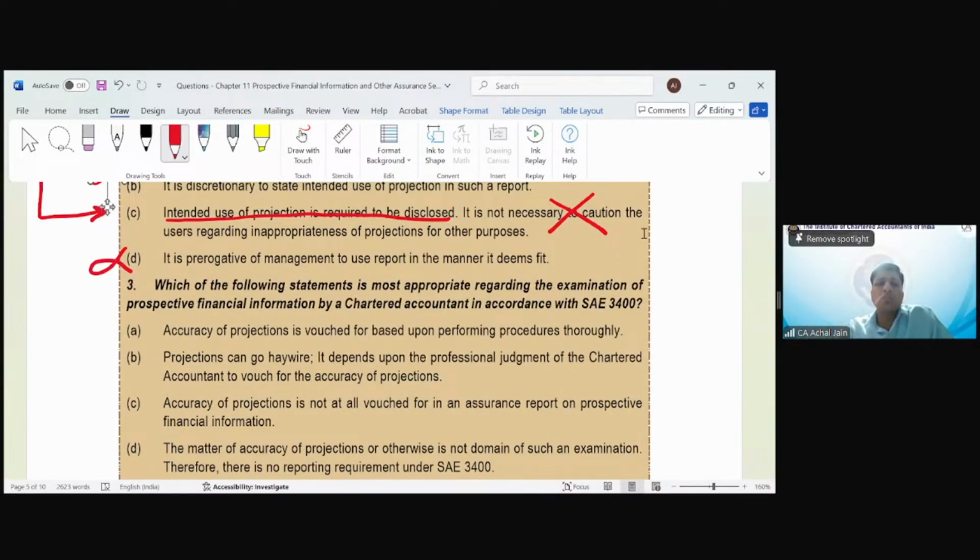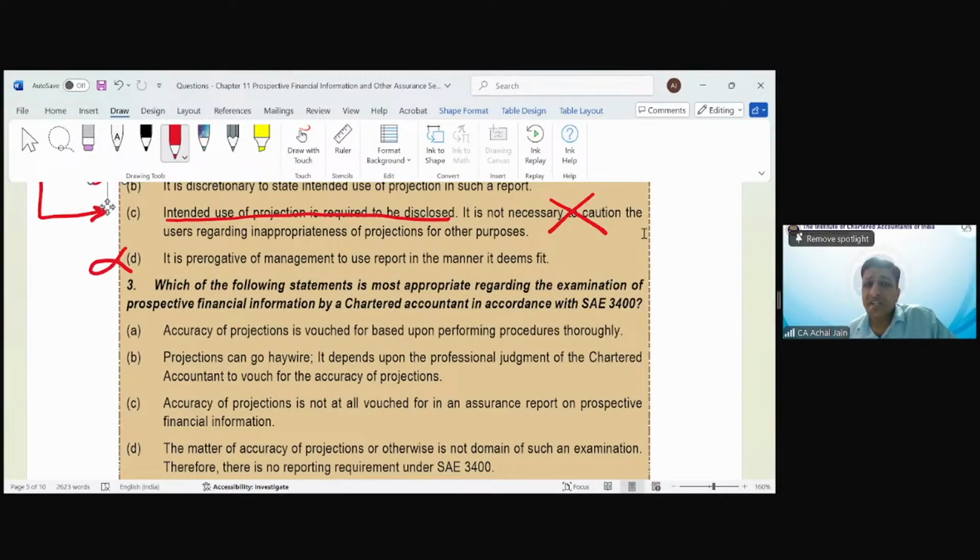Correct. Now, next one. Which of the following statements is most appropriate regarding examination of prospective financial information by a CA in accordance with SA? A. Accuracy of projections is vouched for based upon performing procedures thoroughly.